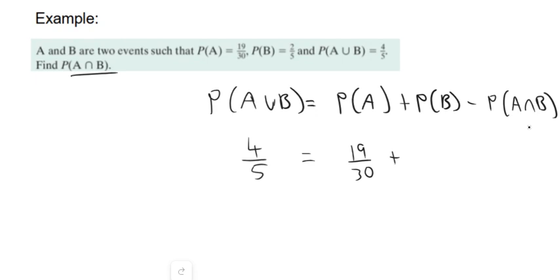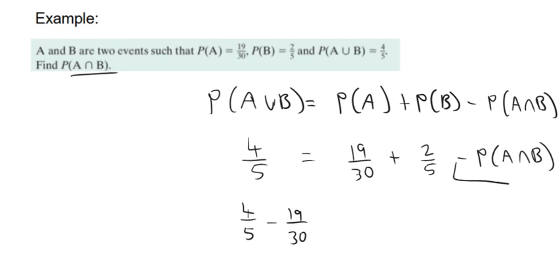And probability of B is 2/5. Then if we just move the 19/30 and the 2/5 to the other side, we'll get what probability of A intersecting B is.